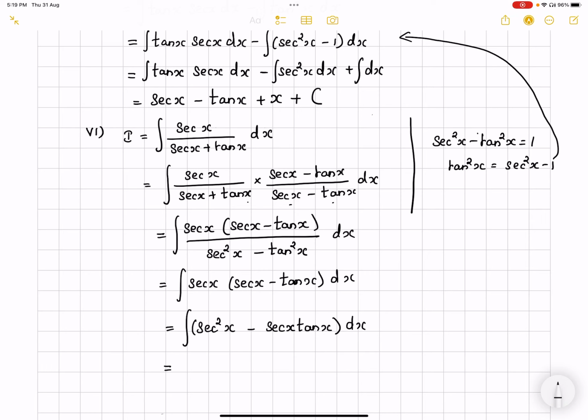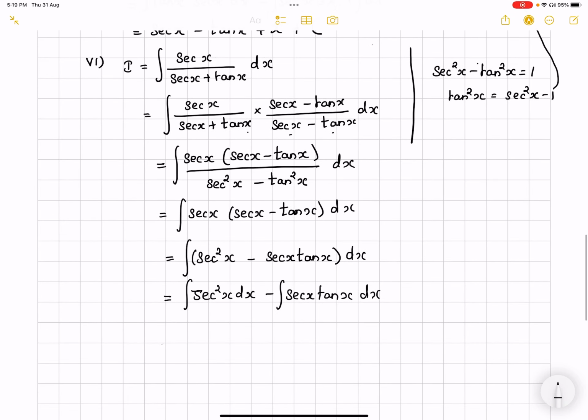So let me write one more step: integral secant square x dx minus integral secant x tan x dx. Now when I integrate secant square x, I would be getting tan x and then minus secant x plus c.